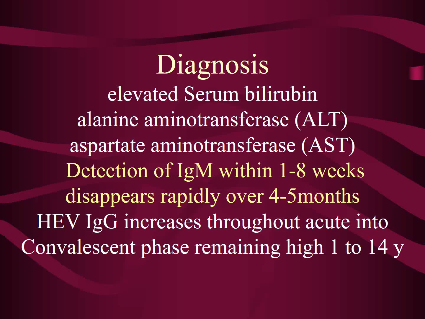Therefore, you can detect it early and not late. But the IgG increases from the acute into the convalescent phase, remaining high for 1 to 14 years, but eventually disappears.